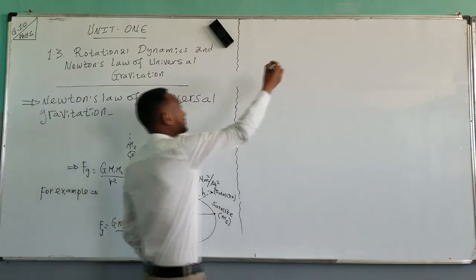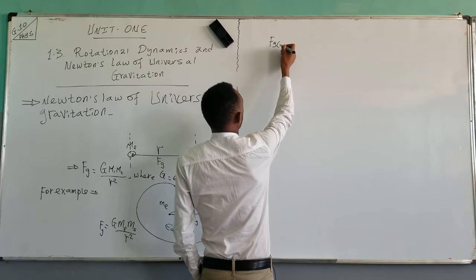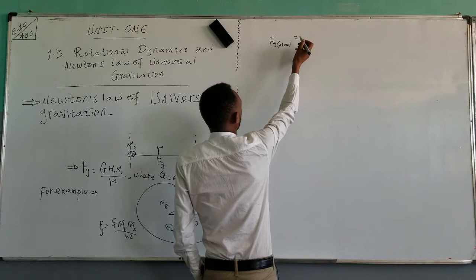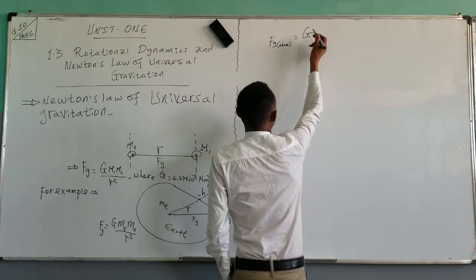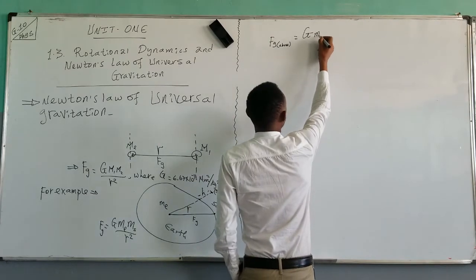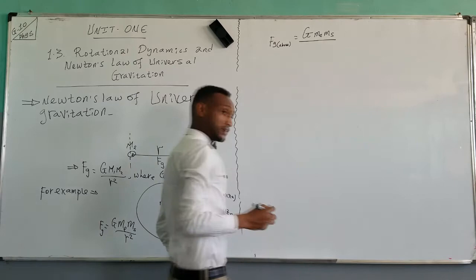The gravitational force above the Earth's surface is given as the gravitational constant G times the mass of the Earth times the mass of the satellite over the square of the distance between them.